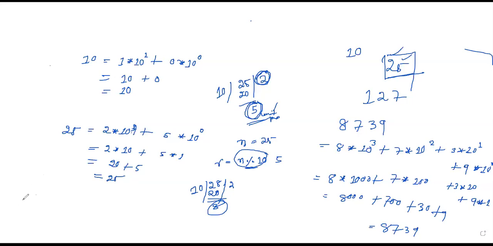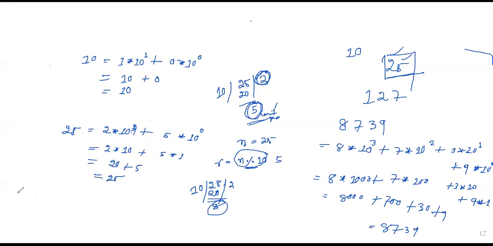Do you know what is even number and odd number? Yes, sir. So tell me, what is an even number? A number which completely divides by 2, a number divisible by 2.